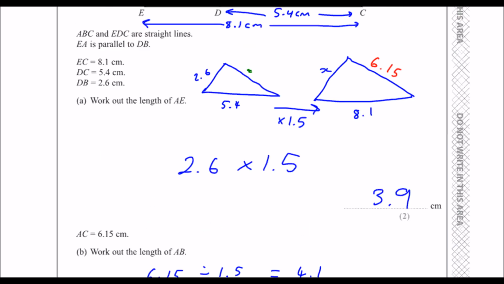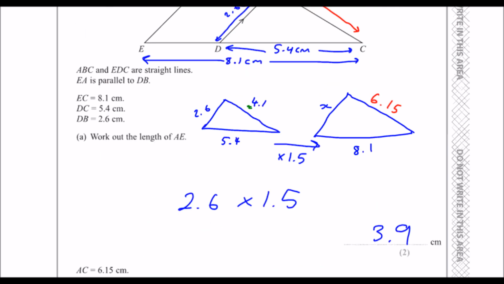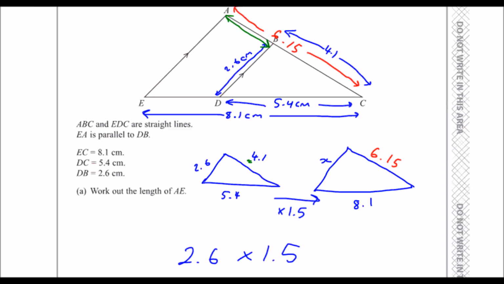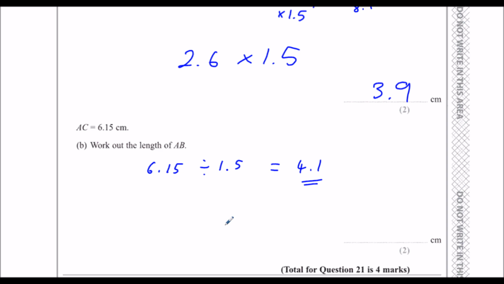So this here is 4.1, which is this length. So to work out A to B, we're going to do 6.15 take away 4.1, which is, type it in the calculator, 2.05.